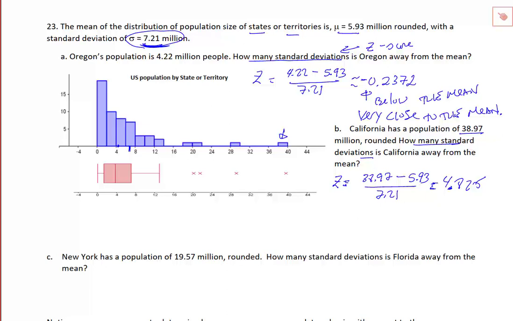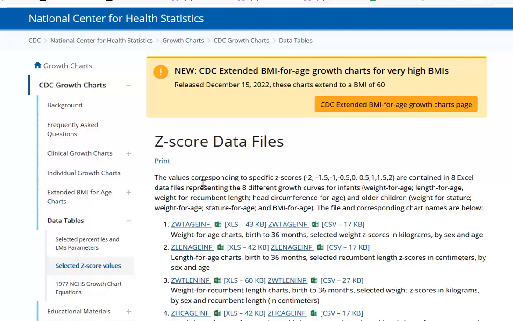I'm going to grab the CDC guidelines for child measurements. These charts come in different ways of classifying, but the whole idea is, when your child is born, the first thing is asking whether my child is okay.